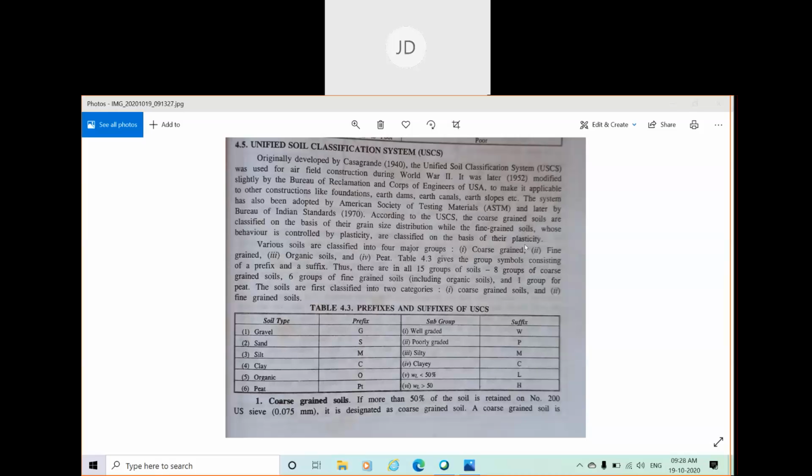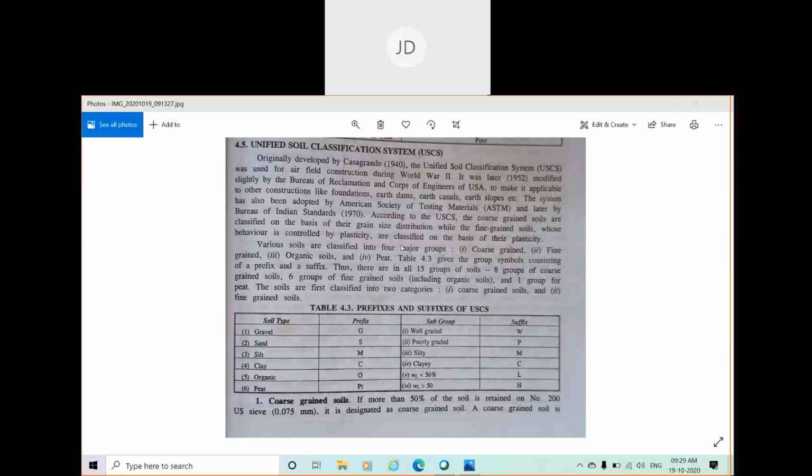As we already discussed in the last class, the consistency limits, that is liquid limit, plastic limit, shrinkage limit, all these properties are for fine grained soil. Plasticity is a property of fine grained soil. That's why for the classification of fine grained soil, this property, plasticity, is used.